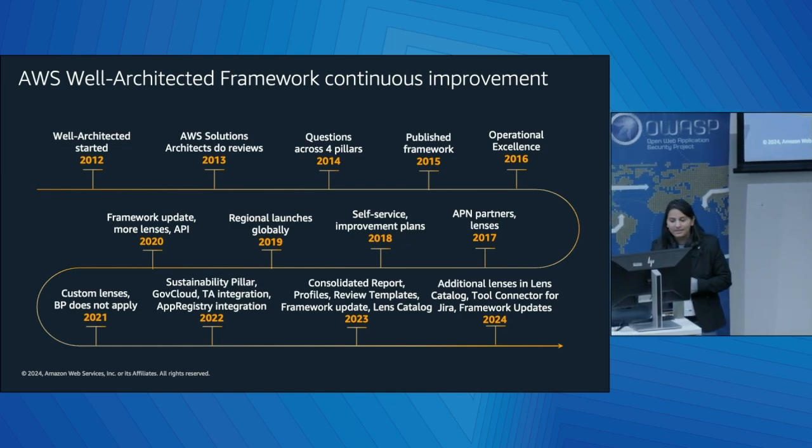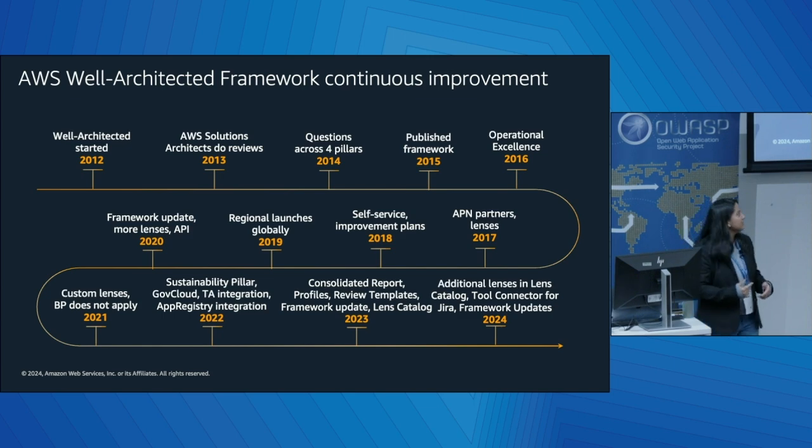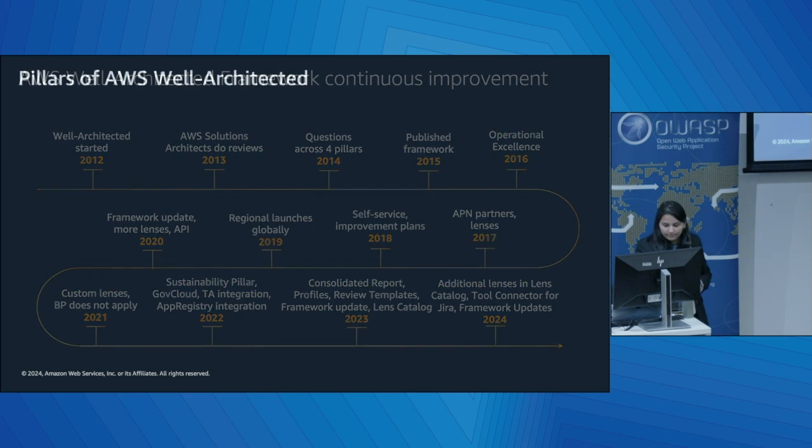So we published it, and then multiple iterations. Today we have 6 pillars. We added sustainability a few years back, and as part of the pillars, we have different lenses. So you can come from a Gen AI lens, a SaaS lens, a partner lens. It is quite huge. Go check it out later.